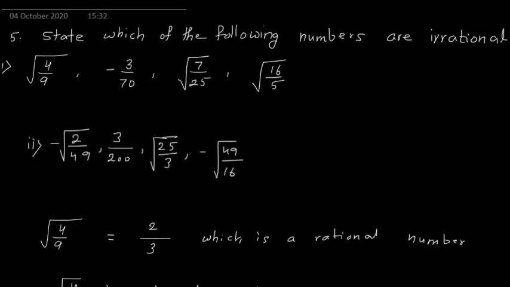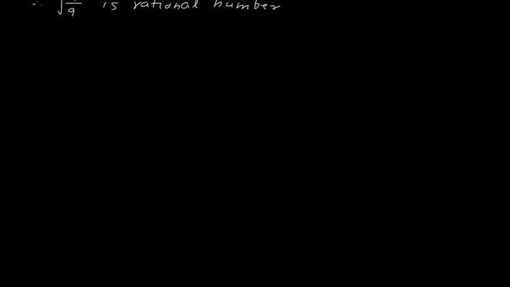Second is minus 3 upon 70. So minus 3 upon 70, obviously this is a rational number. Third is root 7 upon 25. So root 7 divided by 25. Now square root of 7, I will write root 7 only, and square root of 25 I will write 5. So root 7 is an irrational number and 5 is rational. The product or division of a rational number and an irrational number is irrational.